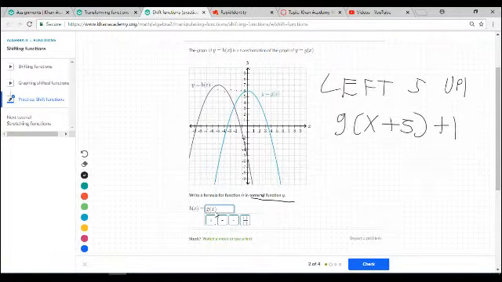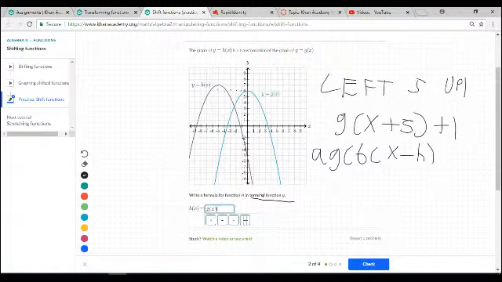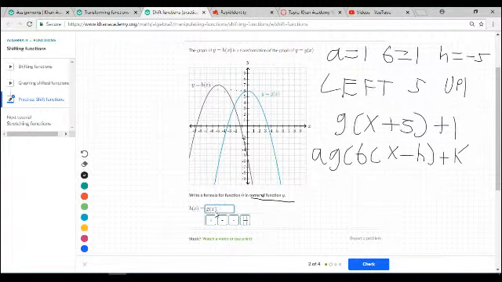plus 1. Because really what we're writing here is a times g of b times (x minus h), plus k, and we're saying a equals 1, no change, b equals 1, no change, but h is equal to negative 5, because we go left 5, and k equals 1.